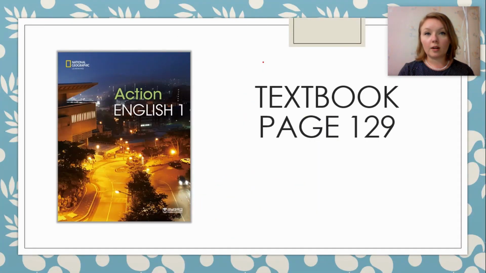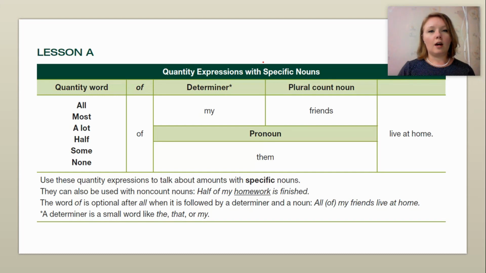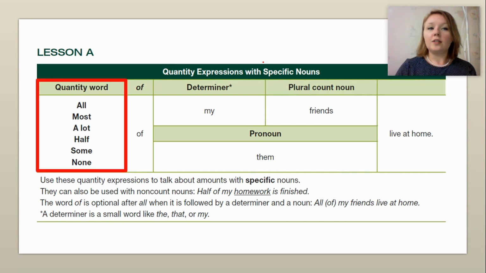So we are going to be in your textbook right now on page 129. So please open your book to page 129. All right. There is a very big chart here with a lot of information. Let's look at it slowly. First, we see our quantity words. We are going to learn how to make sentences using these words.